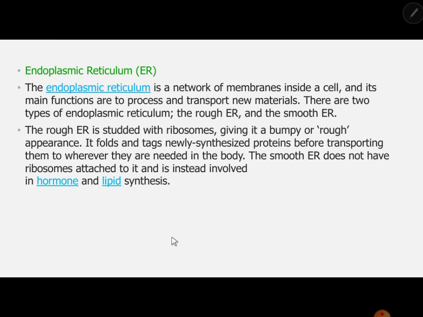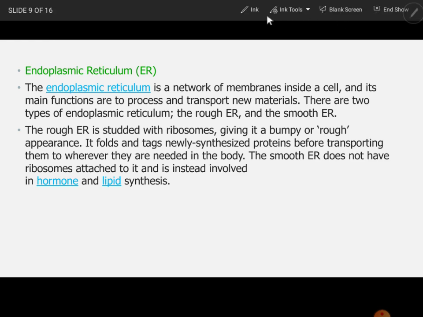Let me show you what I'm talking about. If this is the endoplasmic reticulum, then on top here it has got bumps. These bumps are what we are calling the ribosomes.